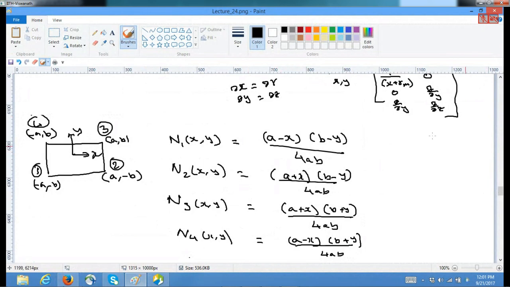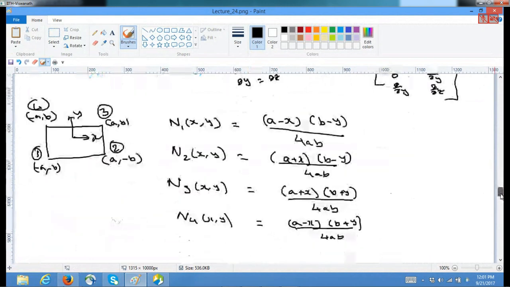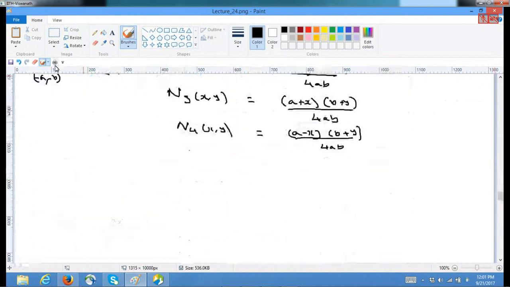So this element's shape functions are the same as this element now.